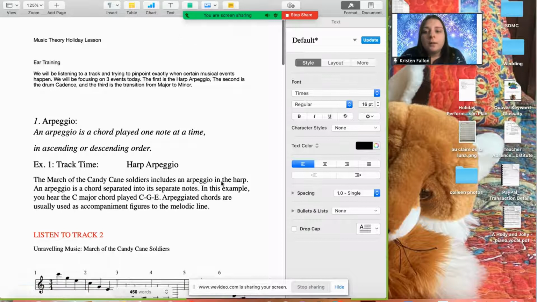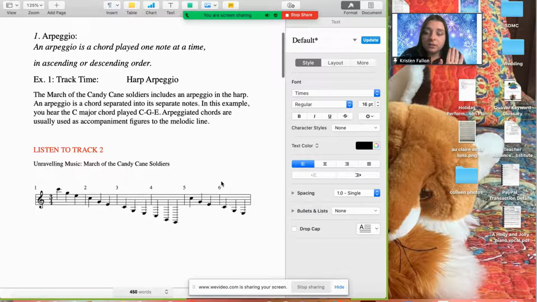So the first event that we're going to be looking for is called an arpeggio. And an arpeggio is a chord that is played one note at a time. And it could be played either from the bottom up, which is called ascending order, or from the top down, which is called descending order.